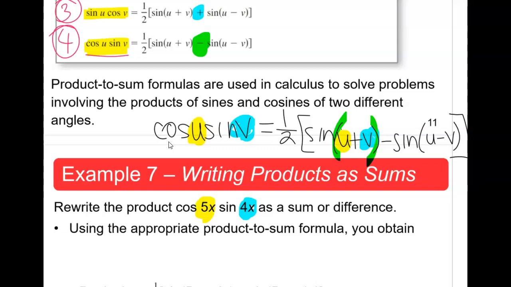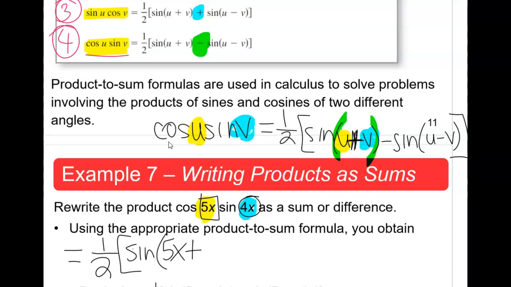So let's do this. We're going to have 1/2 bracket, and then sine of this first angle here, 5x, and then we have a plus here, and then the second angle, which is 4x, close parentheses.